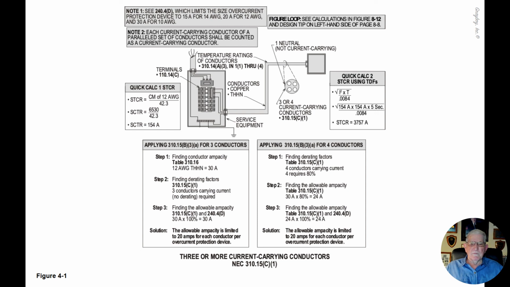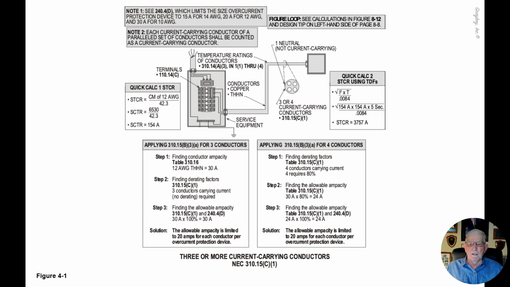Step 3, Table 310.15(C)(1) has been applied in step 2. So now we'll apply 240.4(D). We'll take 100% of 24 amps, which is what the conductor is good for. But due to 240.4(D) and the solution and answer, the number 12 is limited to 20 amps based upon the 20 amp overcurrent device required for number 12 wire as outlined in 240.4(D).